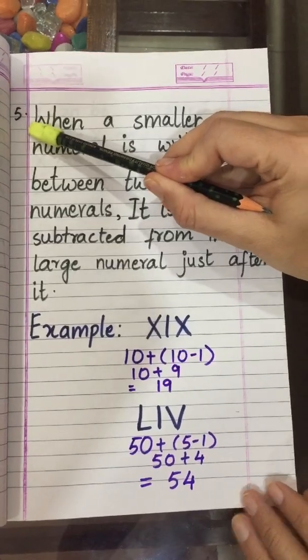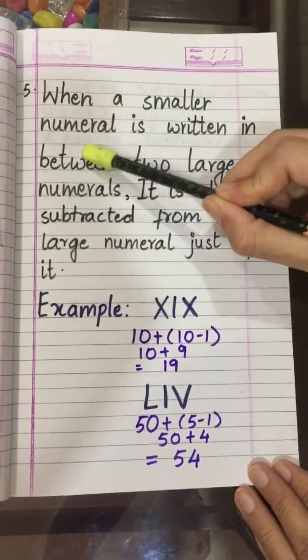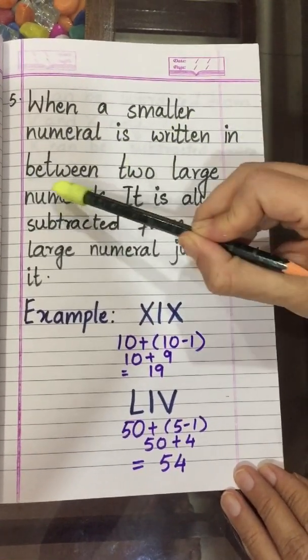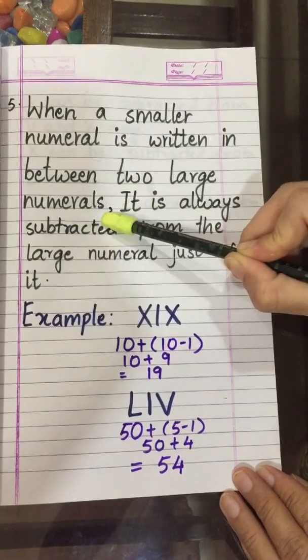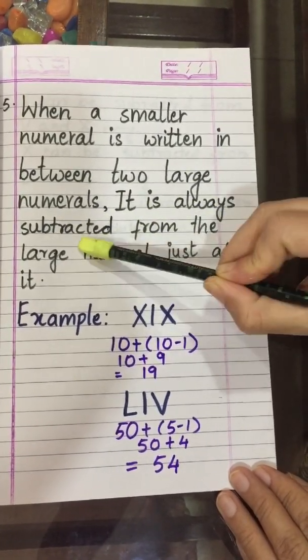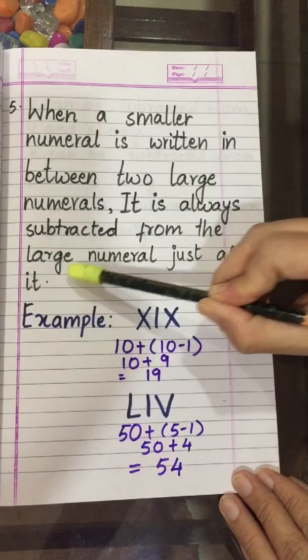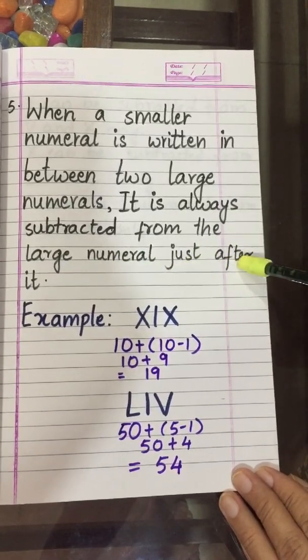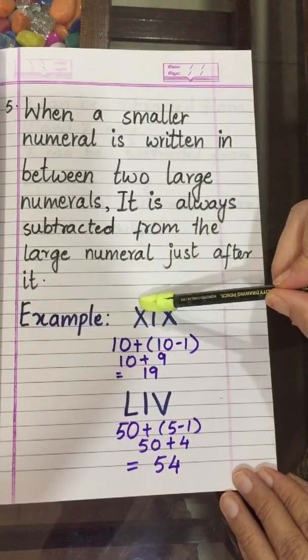Rule number 5. When a smaller numeral is written in between two large numerals, it is always subtracted from the large numeral just after it. For example, XIX.